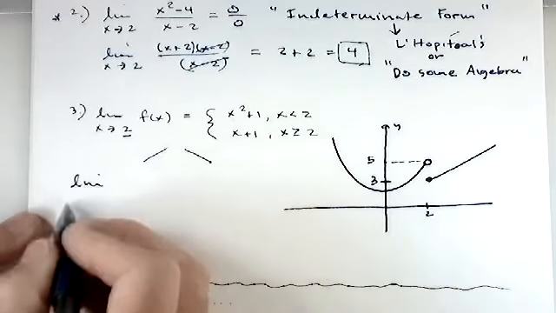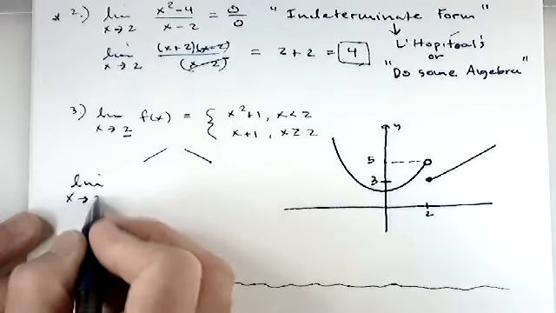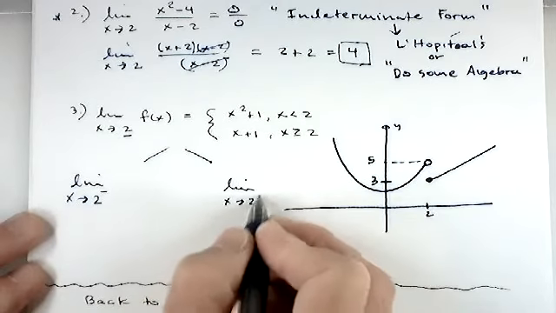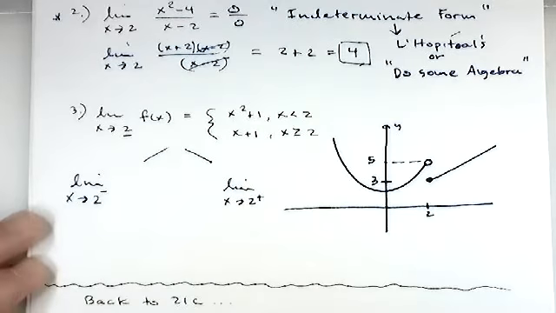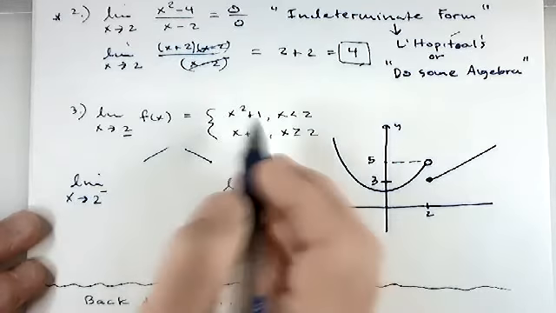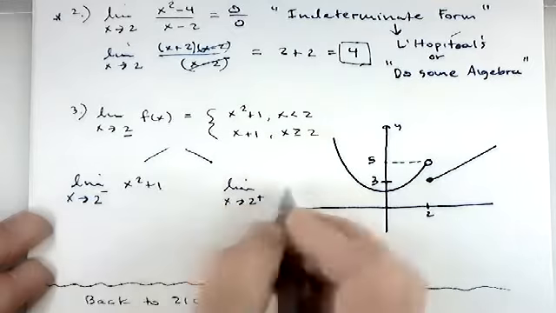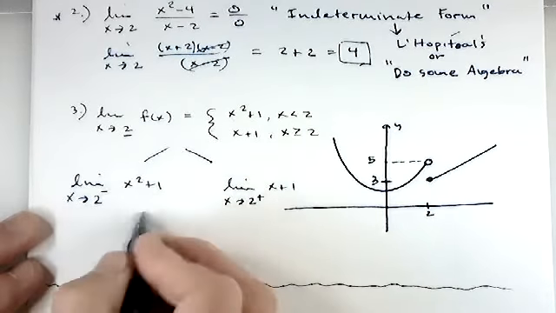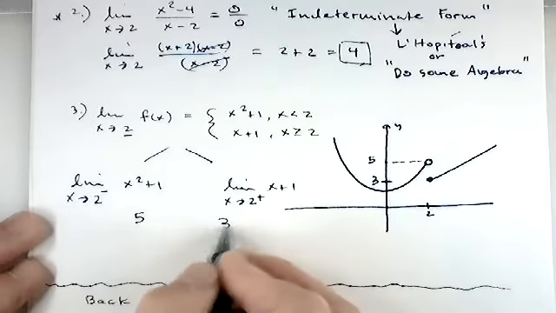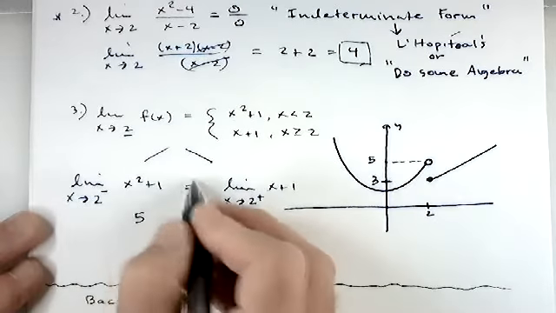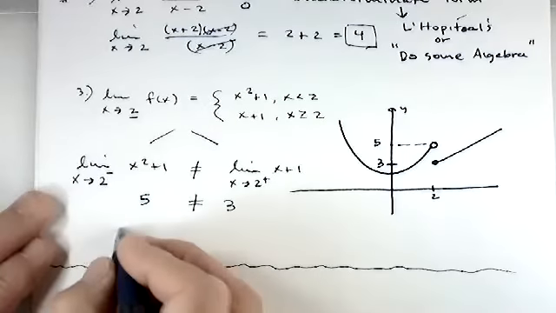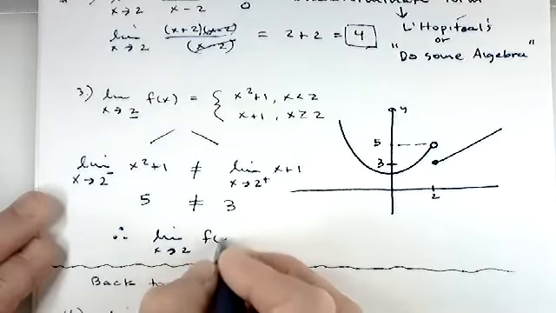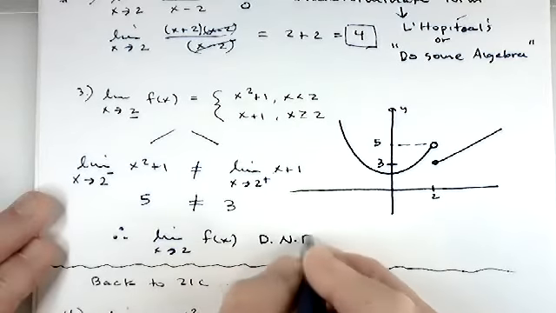How did we show that the limit didn't exist? We did the limit from the left side, and we did the limit as x approaches 2 from the right side, and we need to show that we get 2 different values. If I plug in 2 here, I get 5. If I plug in 2 here, I get 3. Since those are not equal to each other, I can then say my limit as x approaches 2 does not exist.